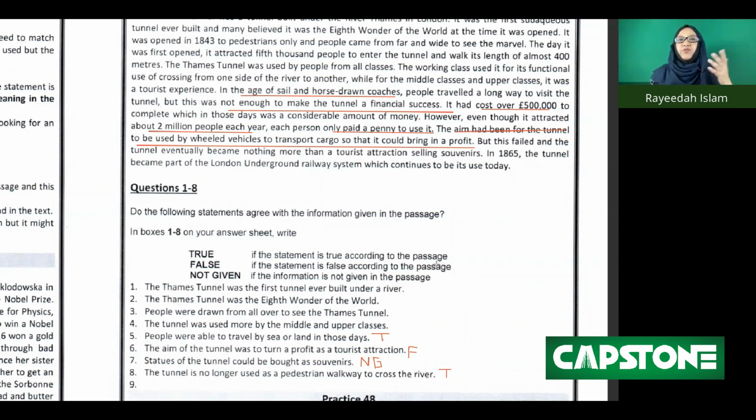After that, when we determine that, we have to read the questions first. This is specifically true for true, false, and not given, which is also known as identifying information. আমরা question টা পড়বো, তারপর আমরা passage এ যাবো. We go to the passage, we see the information, we look for the information, and then we determine what is true, what is false, and what is not given.